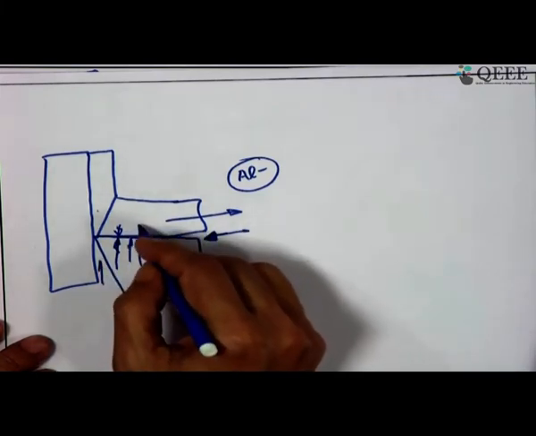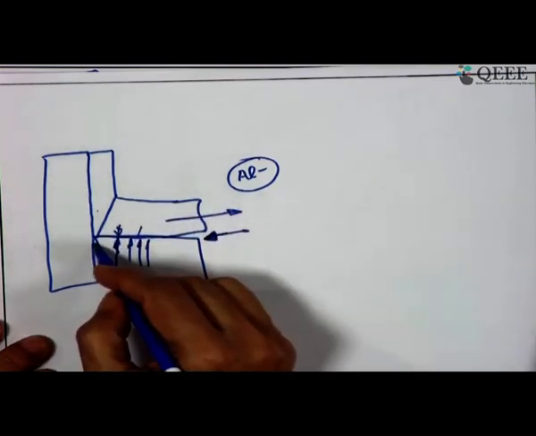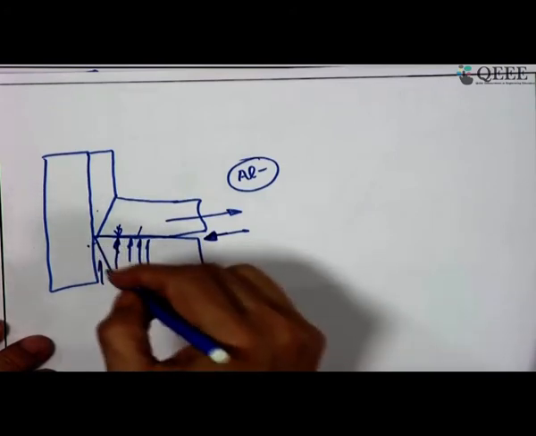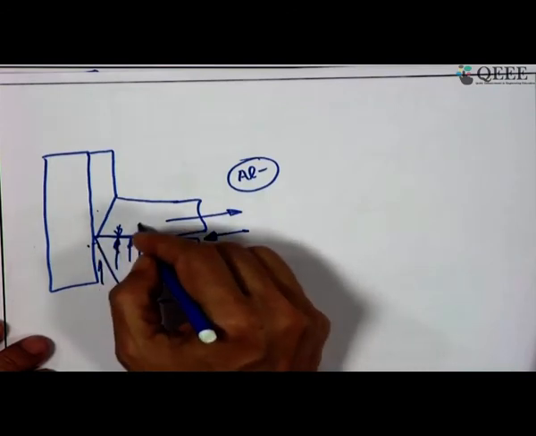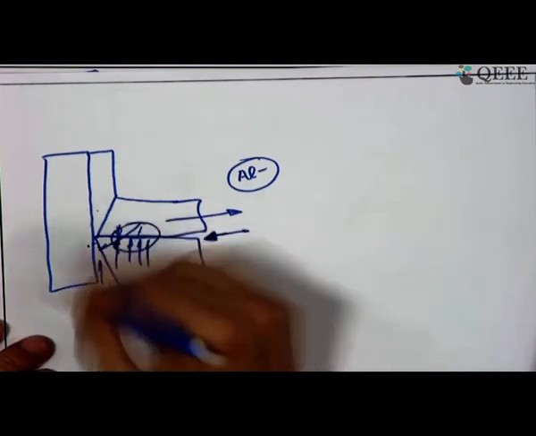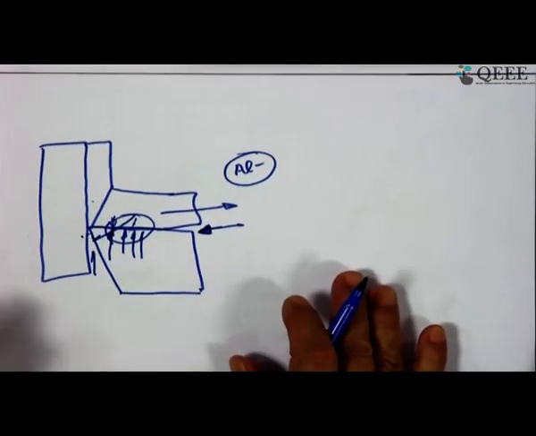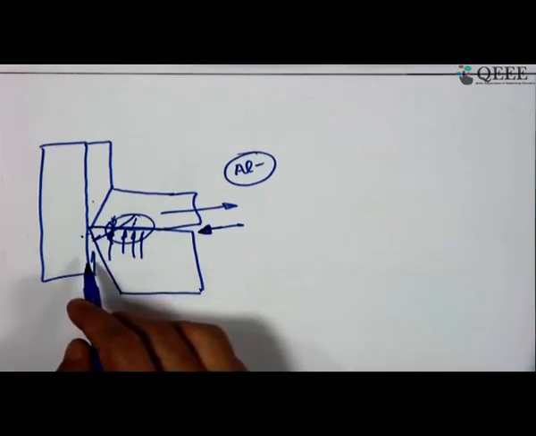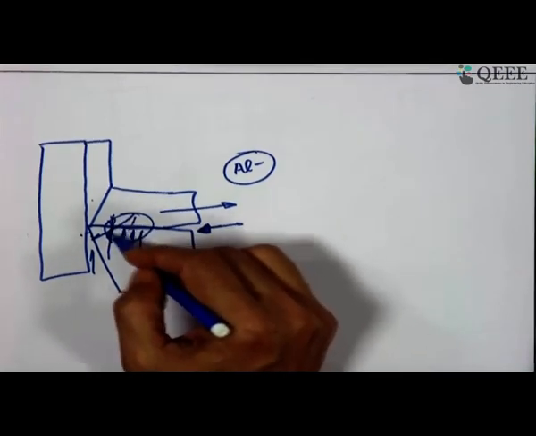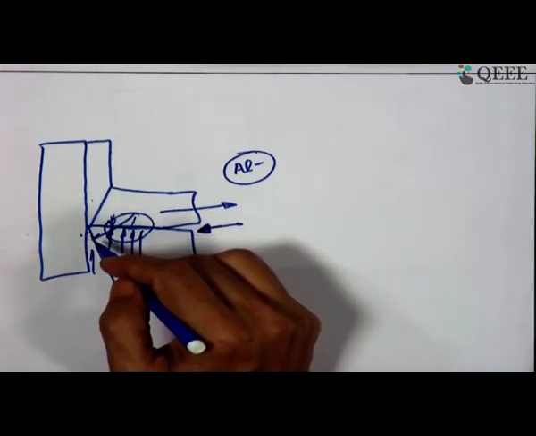So, you can cool the chip-tool interface, or you can cool the work-flank interface. If you try to cool, that also gives a benefit on this side, because heat will be conducted. If you lower this temperature, definitely your flank temperature will also come down. And I have already mentioned that in most cases it is the wear on the flank that limits the life of the tool. So, even if you have some benefit at the chip-tool interface, that indirectly helps in elevating the life of the tool or reducing the wear.